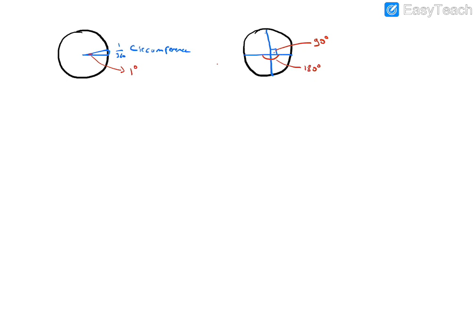The other measure of angle, besides the degree, is radian measure. A central angle subtended by an arc of length equal to the radius of the circle is said to have radian measure 1, which is written as 1 radian or 1 rad. So let's describe.